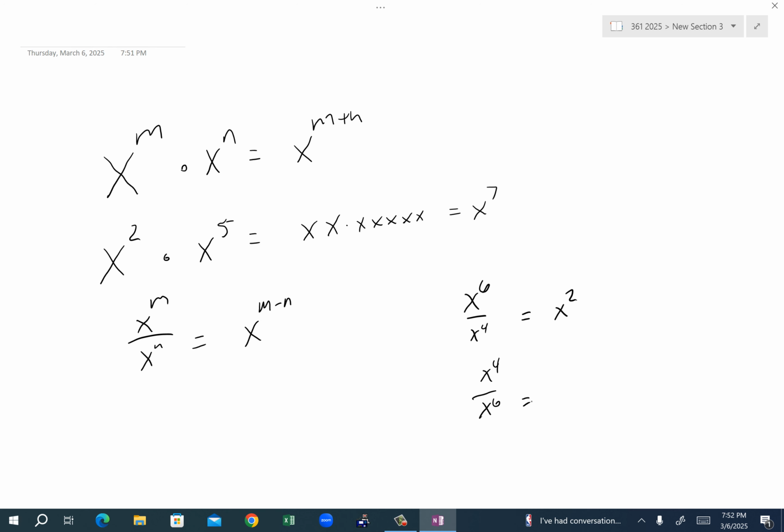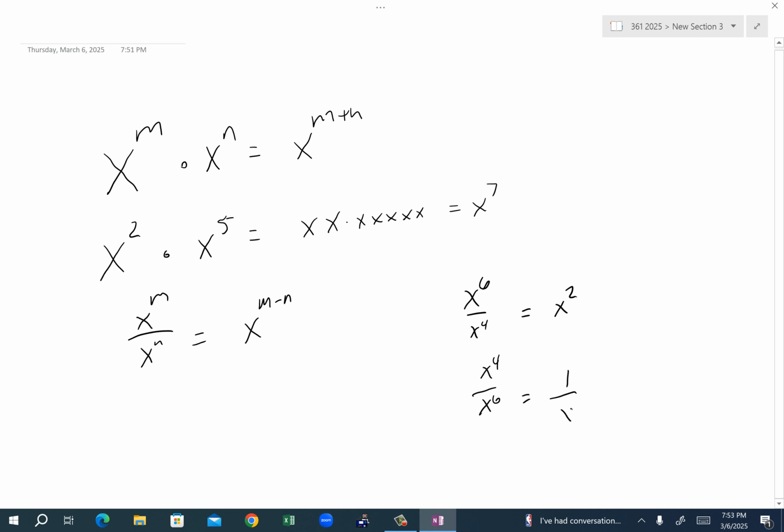Groom, it's the same thing. Not quite, senorita. The bottom has more. How many more? 2 more. So it's 1 over x squared. Remember up here it was x squared over 1. This is just x squared. Well, it's not x squared, Groom. It's different. If you follow the pattern, 6 minus 4 up here is 2. 4 minus 6 is negative 2.